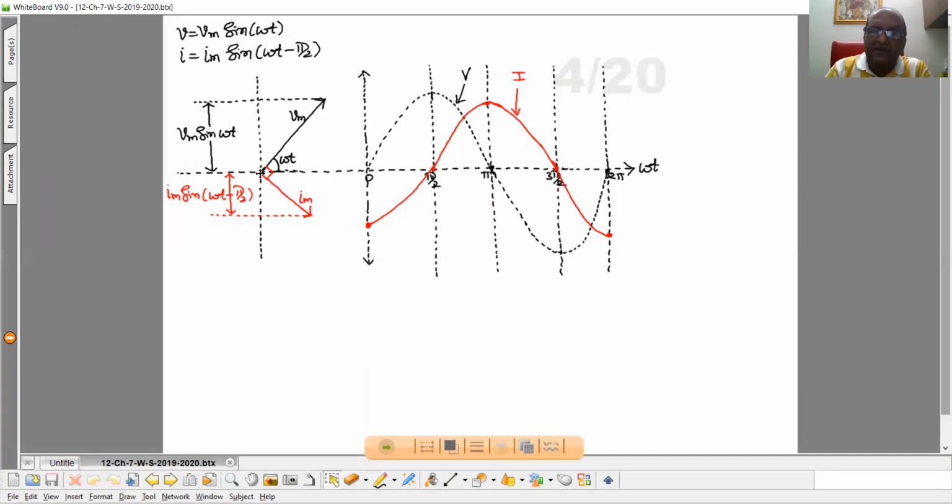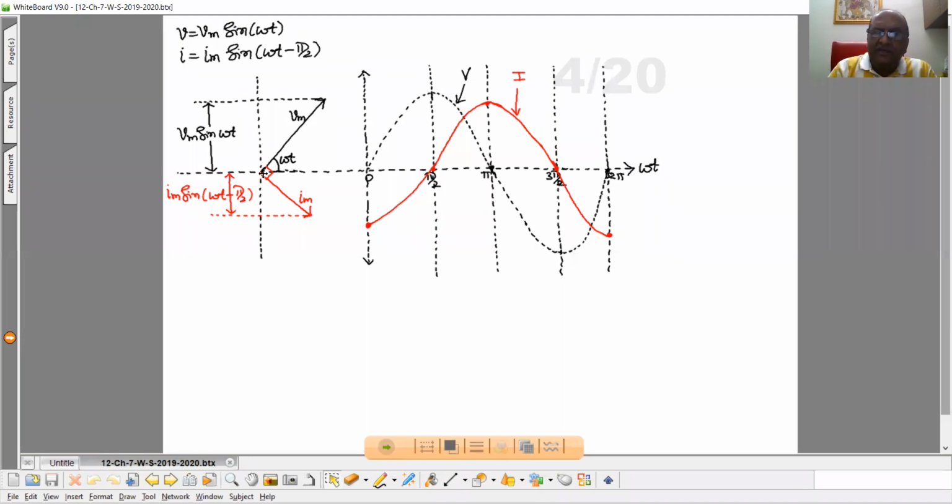So now here we took a vector with length equal to Im, means magnitude is Im, and now this vector is represented at an angle pi by 2 with respect to voltage phasor, but here minus pi by 2 means lag behind.